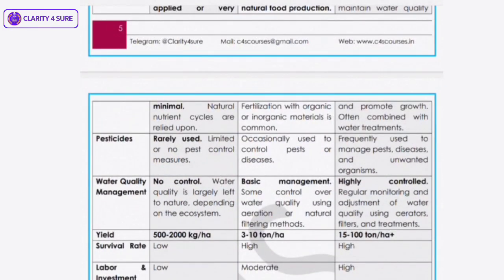Water quality is largely left to nature depending on the ecosystem. And in case of semi-intensive, there is some basic management involved, some control over water quality using aeration or natural filtering methods. And in case of intensive, it is highly controlled. Regular monitoring and adjustment of water happens. Quality is checked using aerators, filters and treatment is done.